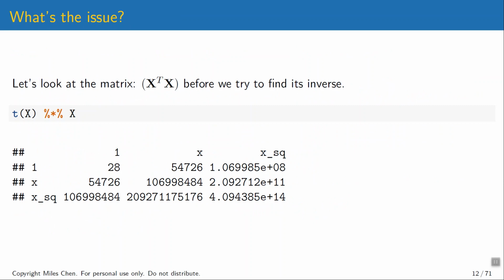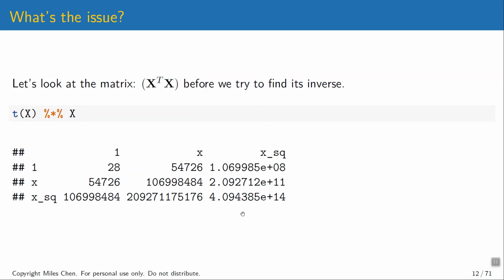You're taking a matrix and multiplying it by itself in such a way that the dimensions align. So when you multiply something on the order of 4 million times 4 million and sum these things up, we're getting onto the order of 10 to the 14th power.